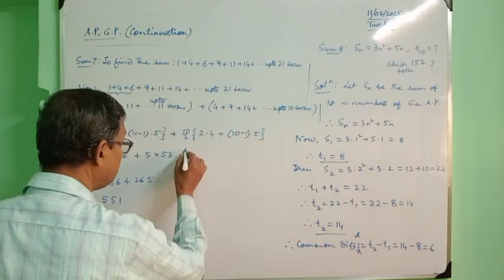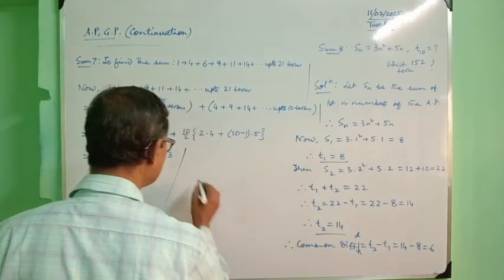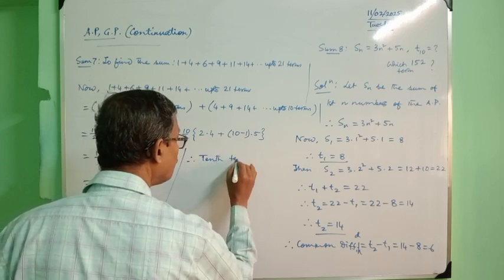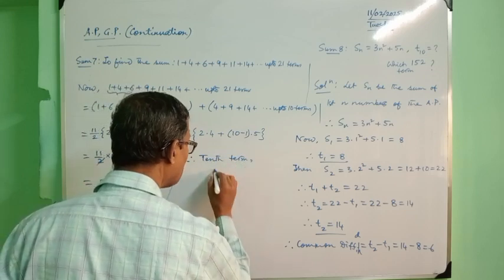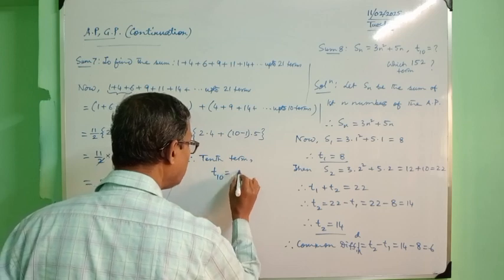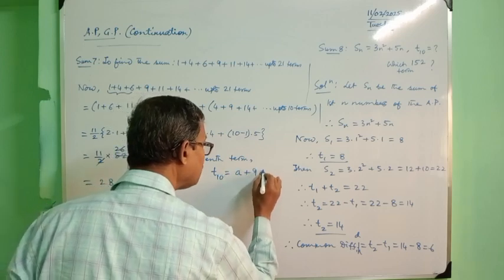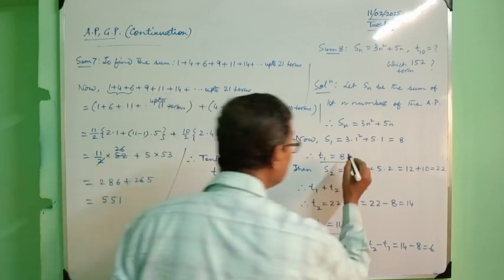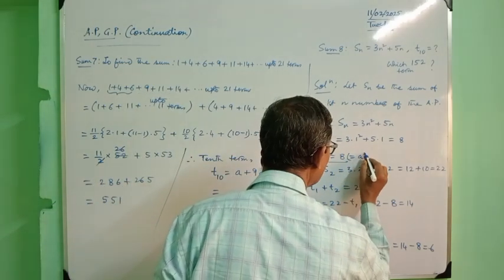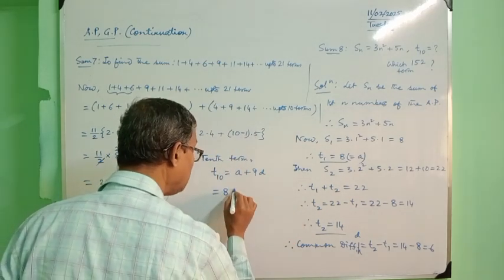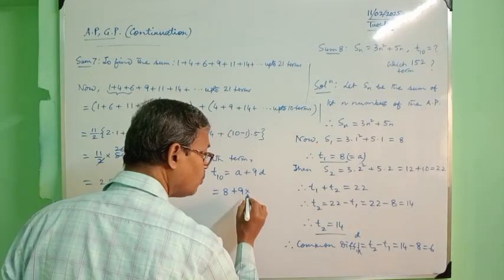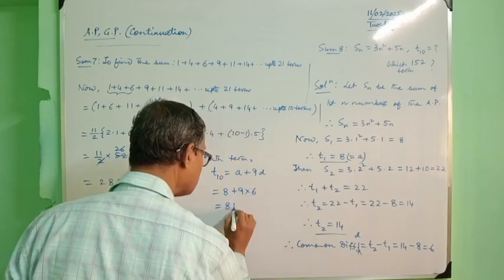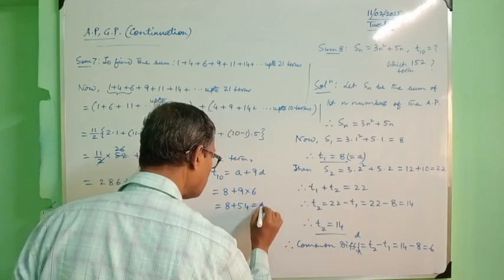Therefore, we can find easily the 10th term. Therefore, 10th term T10 equal to A plus 9D as per formula. Then I put the value, 8 plus 9 into 6. 8 plus 54, that is 62.